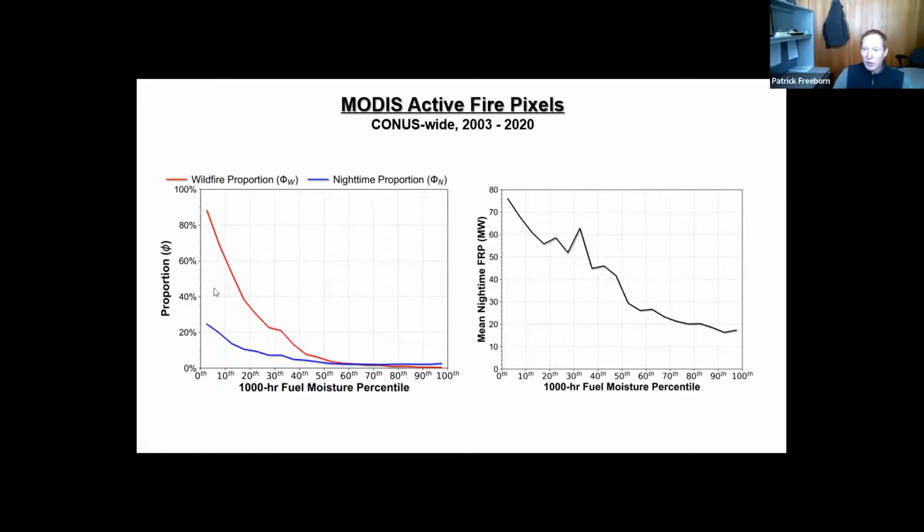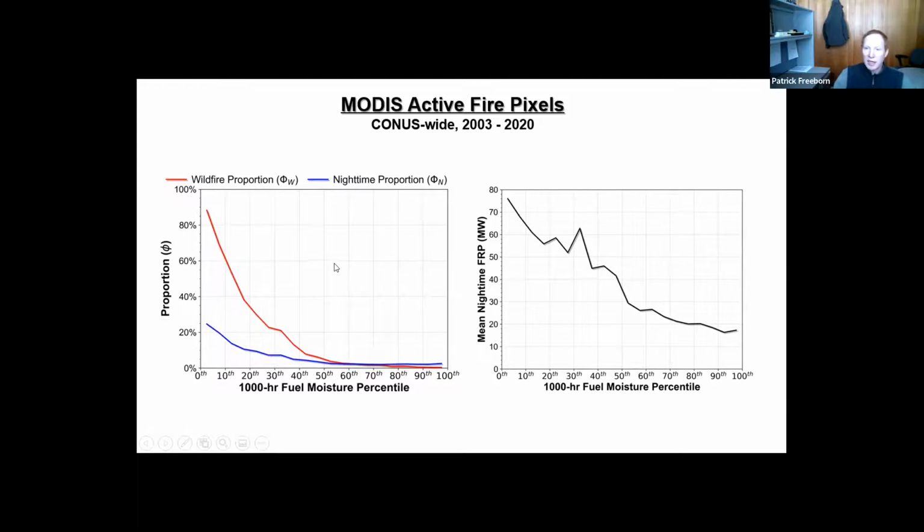And so as fuel moistures decrease, those active fire pixels shift into wildfires. And so our wildfire proportion increases. And as we saw in the previous slide, as we get even further lower fuel moistures, those active fire pixels are shifting into the largest wildfires. As such, our nighttime proportions are also increasing as our 1,000-hour fuel moistures are decreasing.